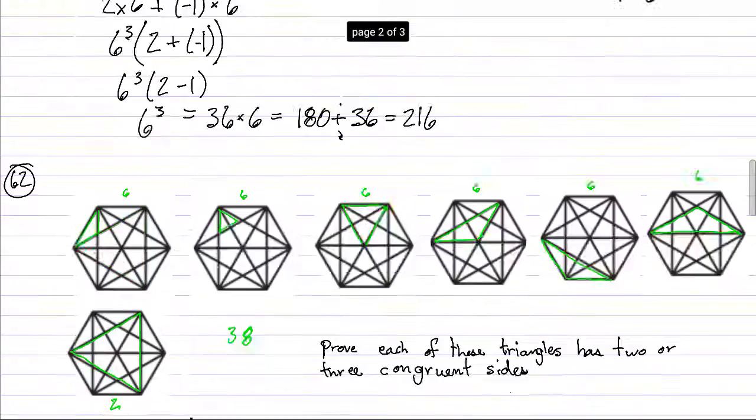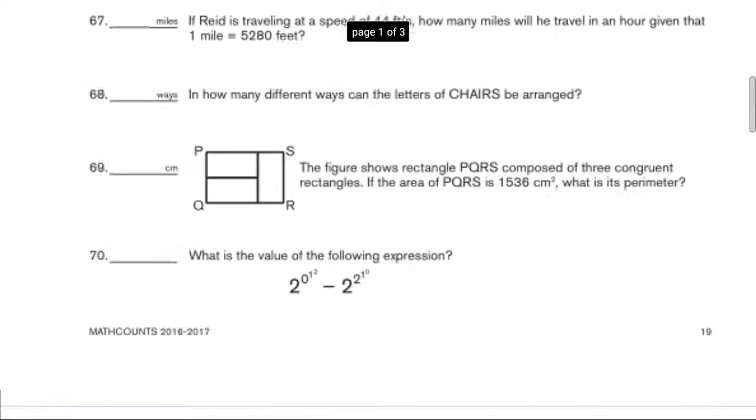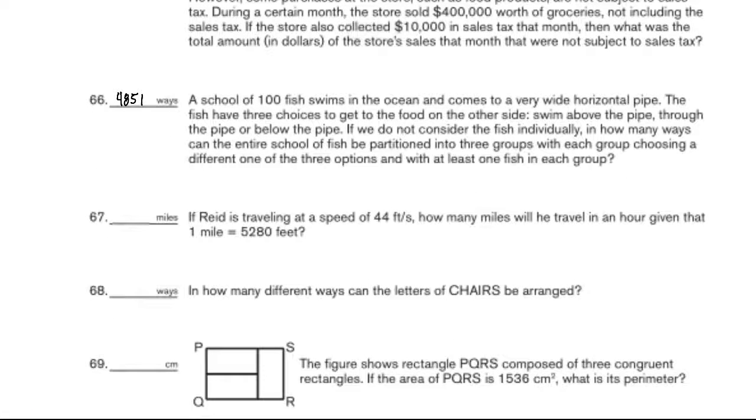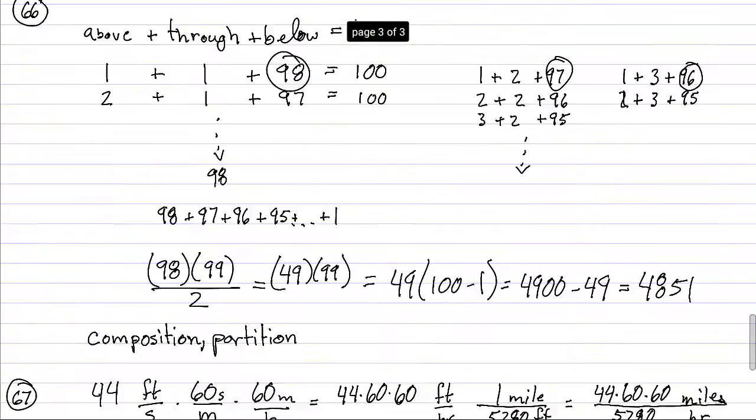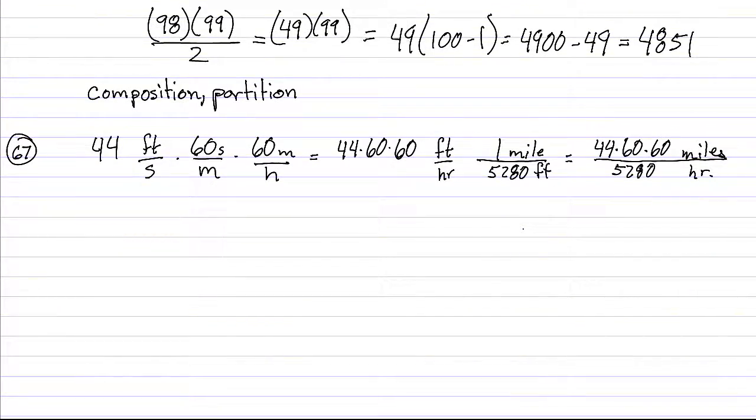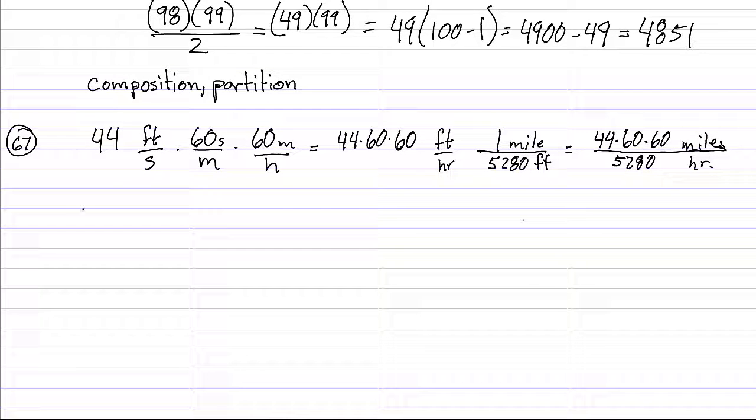And the question is, how many miles will he travel in 1 hour? So, the number of miles he goes is equal to 44 times 60 times 60 miles per hour times 1 hour, right?